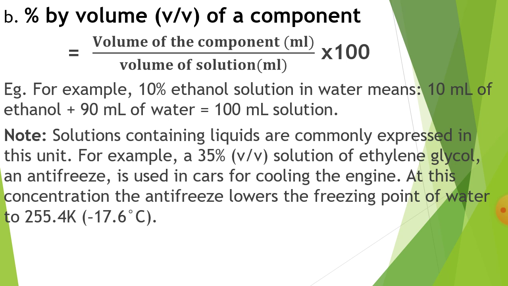This antifreeze is used in countries which have sub-zero weather. In that condition, water freezes. That's why we have to add this type of chemical to avoid freezing of water. So this can be expressed in volume by volume percentage.